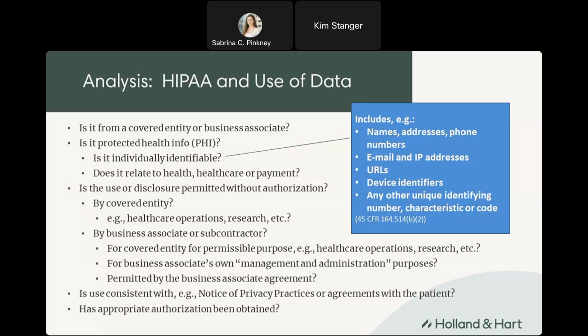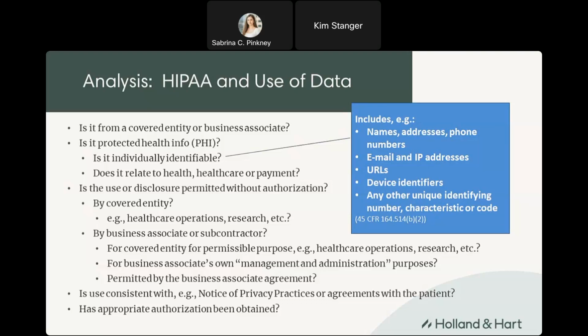On the other hand, if it's the business associate who is using or accessing, or you're disclosing information to that business associate, they can't just do whatever they want with that data. They can only use that data under HIPAA if it's for a permissible purpose that the covered entity could use it for. They can't use it for anything, with a couple of very limited exceptions.